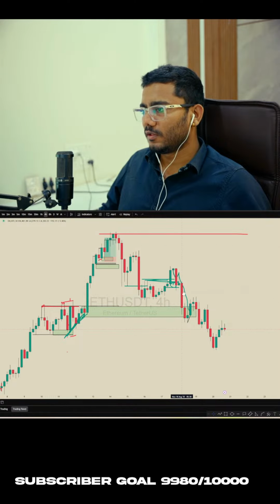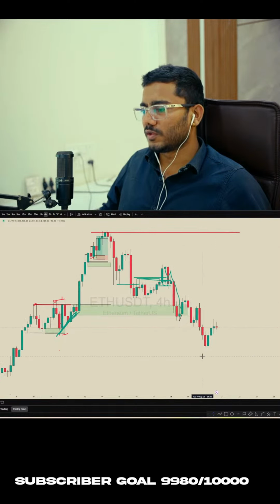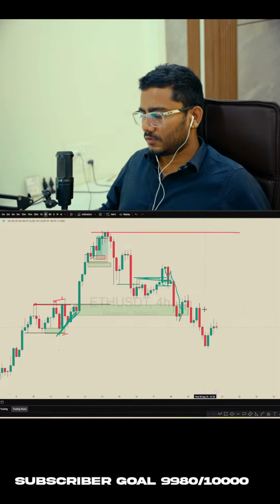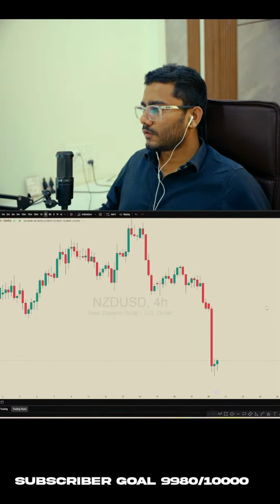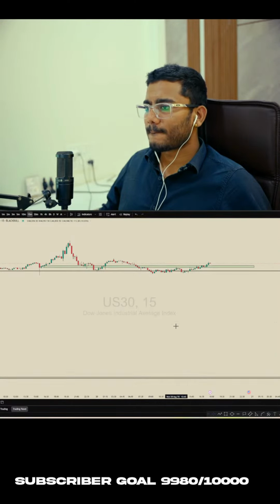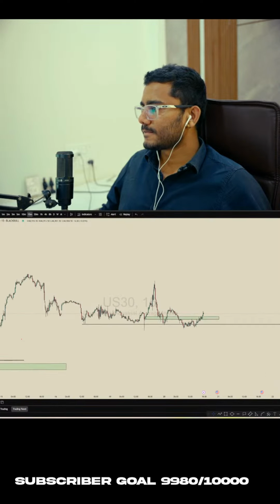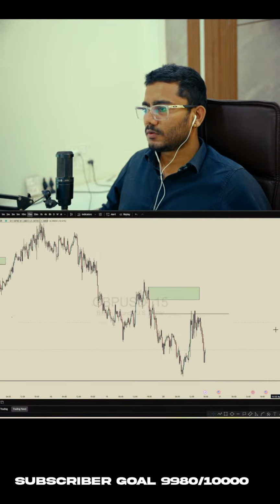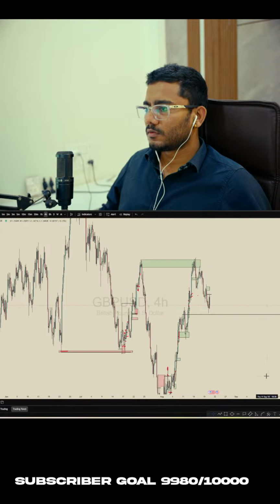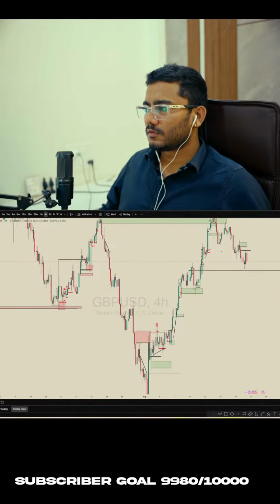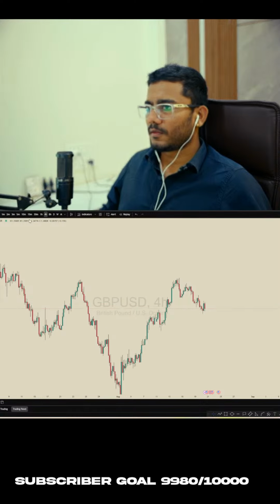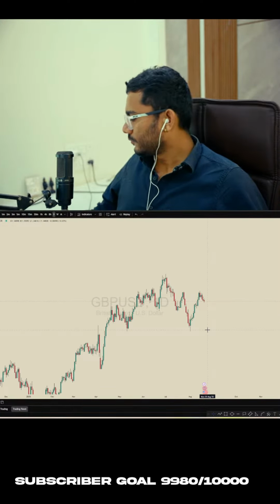Then price broke the order block, and then it continued downside. So let's start from the higher time frame.